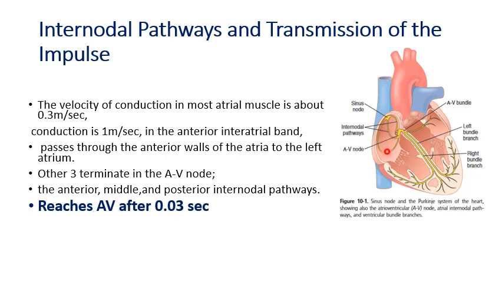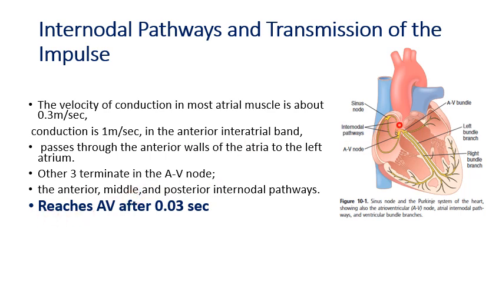So these pathways function as a faster route for action potential transmission from the SA node into the 2 atria and then finally into the AV node.